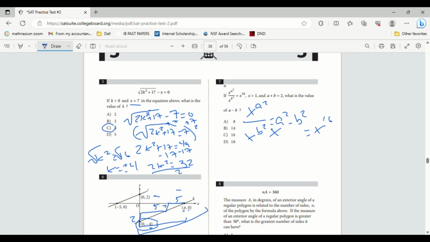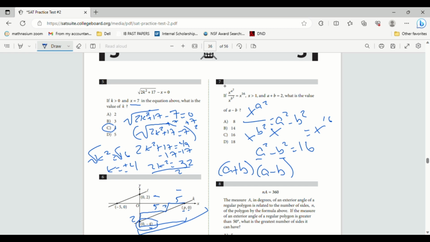We can now write out the powers, so a squared minus b squared equals 16. And then what we can see here is that this question is testing our knowledge of the difference of squares, or the fact that a squared is a square and b squared is a square. And so we can factor that out by simply putting a plus b times a minus b. We have the square roots of a squared and b squared, and then we just add them and subtract them.